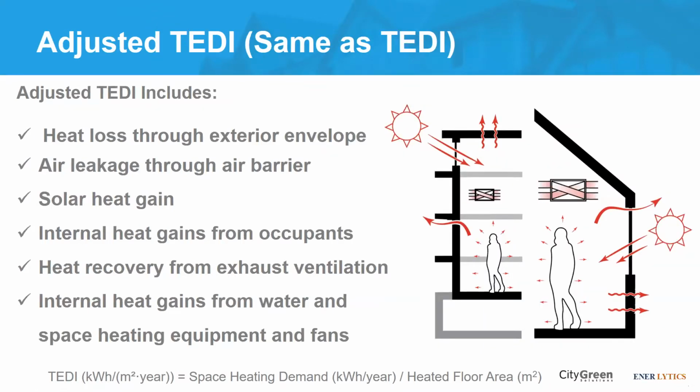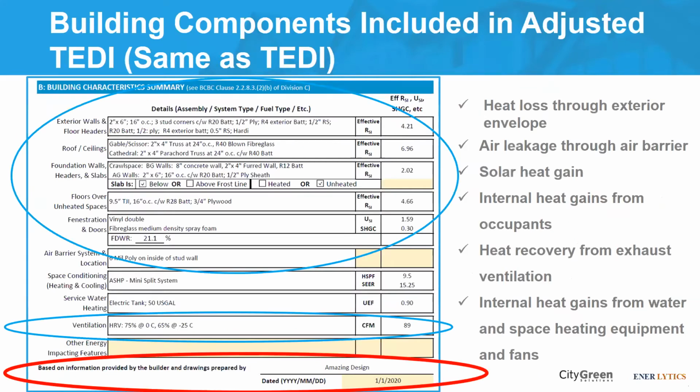Adjusted TEDI includes the same components as TEDI: heat loss through the exterior envelope, air leakage through the air barrier, solar heat gain, internal gains from occupants, heat recovery from exhaust ventilation, internal gains from water and space heating equipment and fans. So it's exactly the same in terms of how it's defined and what it includes as the TEDI. And again, section B of the BC Energy Compliance Report includes the same building characteristic elements.